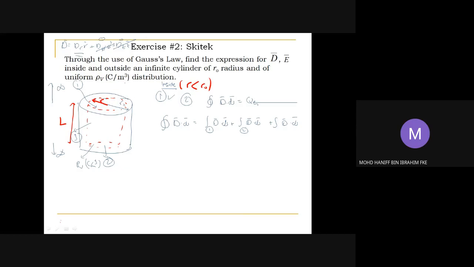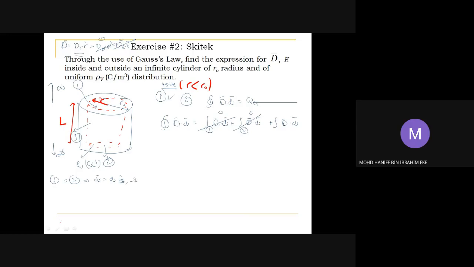So for surface number 1 and surface number 2, the D dot dS for both surfaces can be equated to 0. Why? Because this is similar to our discussion before for the case of line charge distribution, in which for surface number 1 and surface number 2, the dS for both surfaces is in the direction of z, I apologize, z and negative z direction.